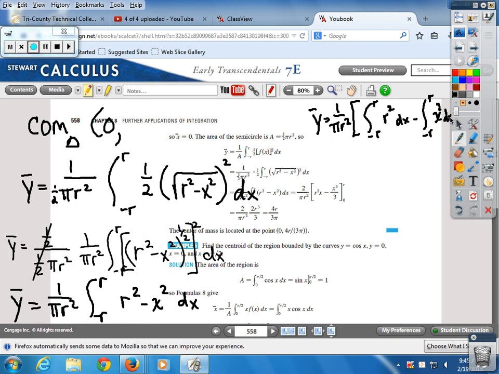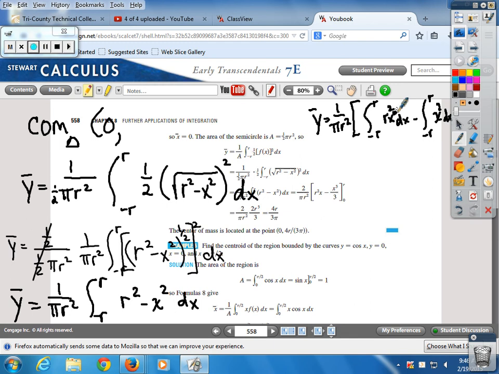And what do we do here? It's not rhetorical, I'm asking y'all. What's the antiderivative of x to the 0 power? X to the first over 1, right?